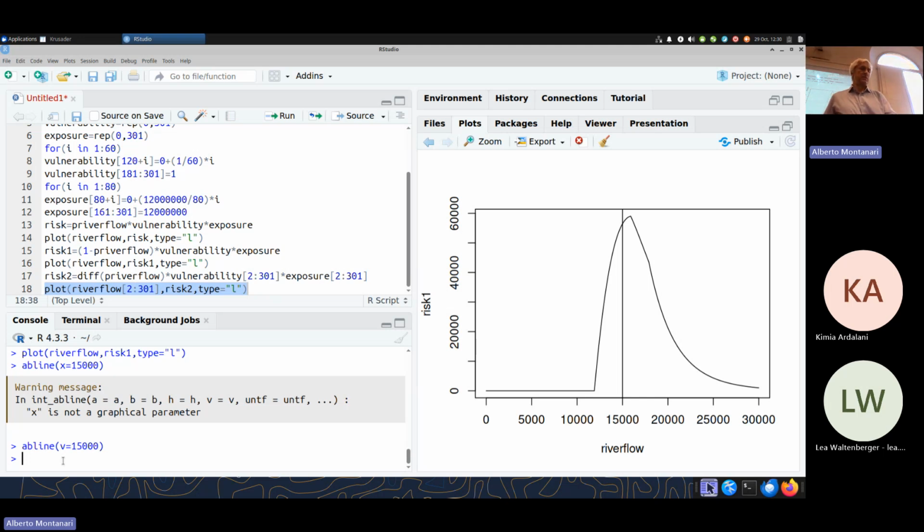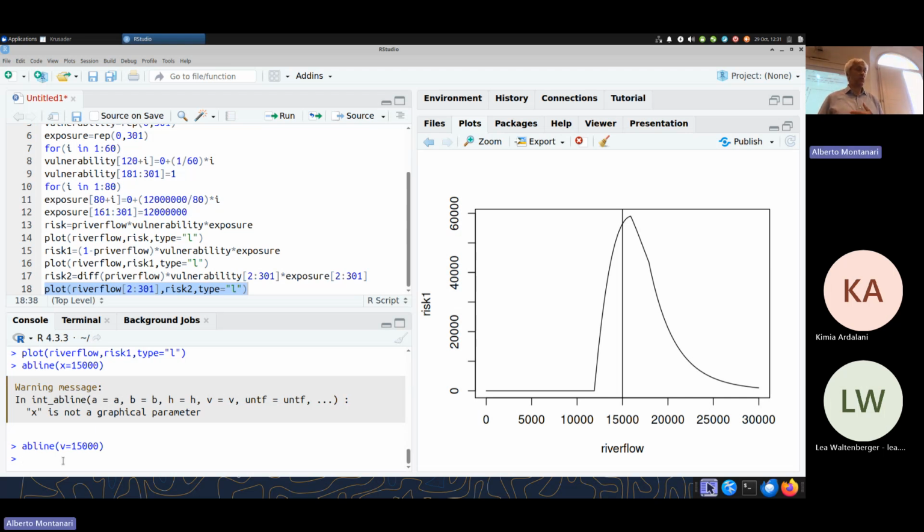So what does this mean? This curve that I got here means that for a river flow of 15,000, I may expect a damage of about 4.58 million every year, given by a river flow of 15,000 or higher.